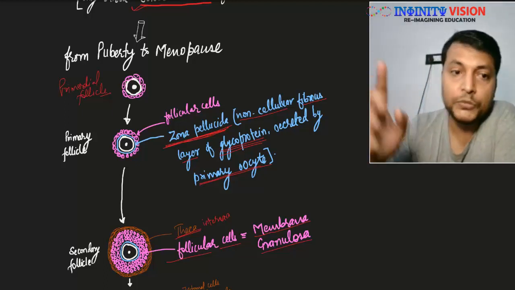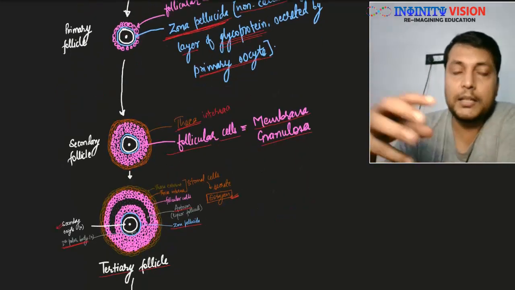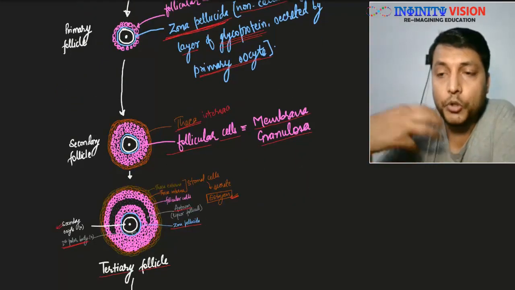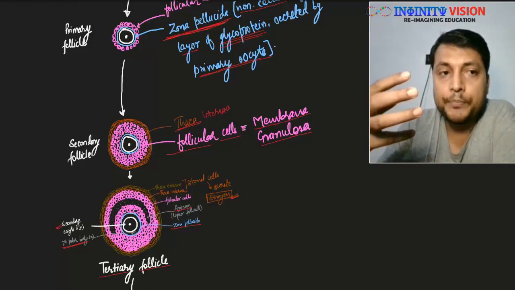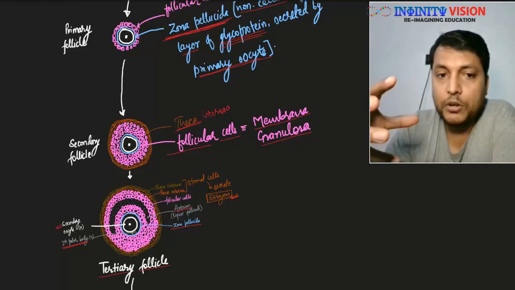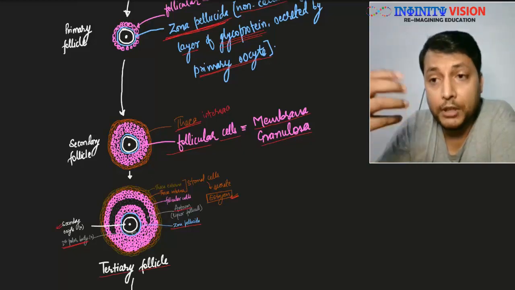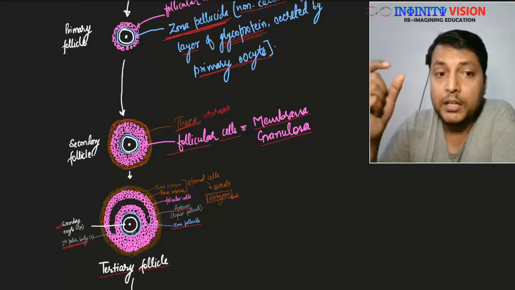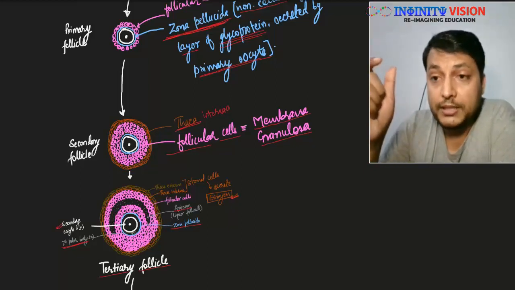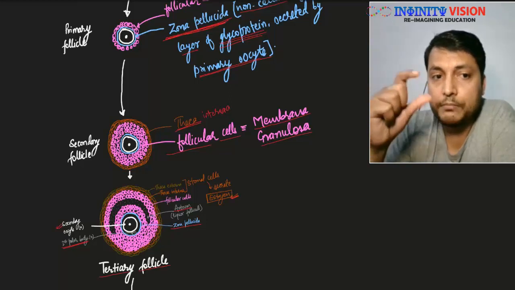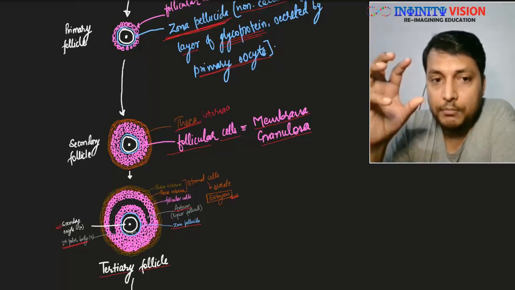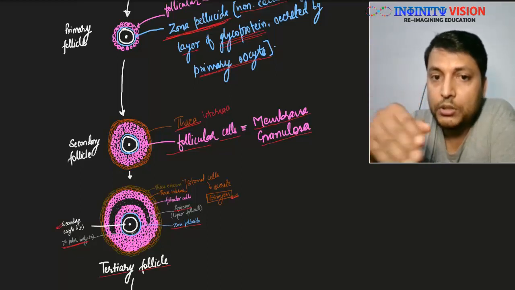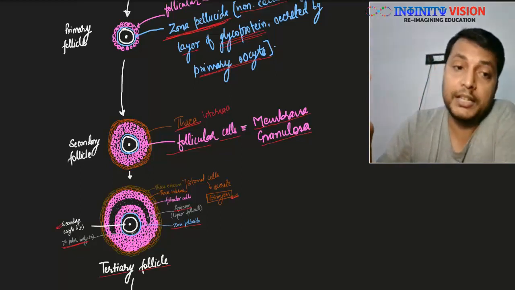Remember that. Great. Now what happens? The primary follicle will further grow, especially in size, because of division in follicular cells. As a result, multi-layered follicular cells are formed. This multi-layered layer of follicular cells is called membrana granulosa.